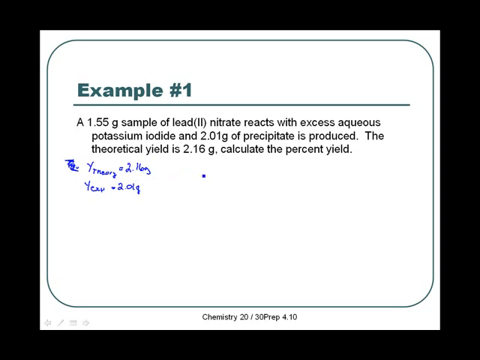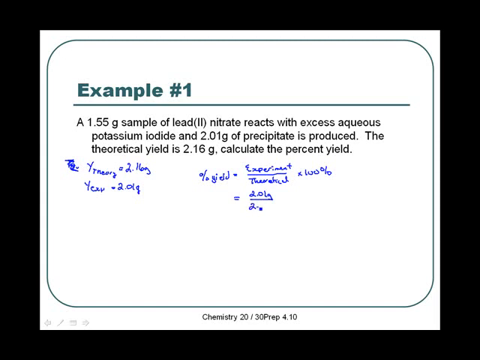And so for percent yield, we have both things we need. Percent yield is equal to experimental yield over theoretical yield times 100%. The experimental yield was 2.01 grams.